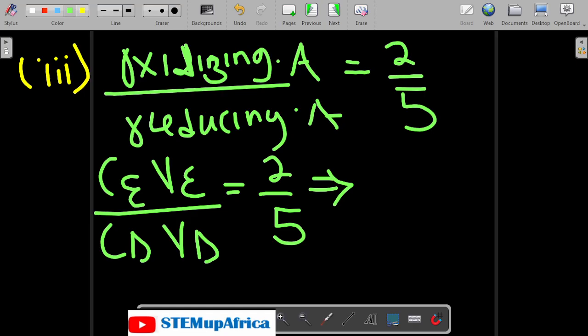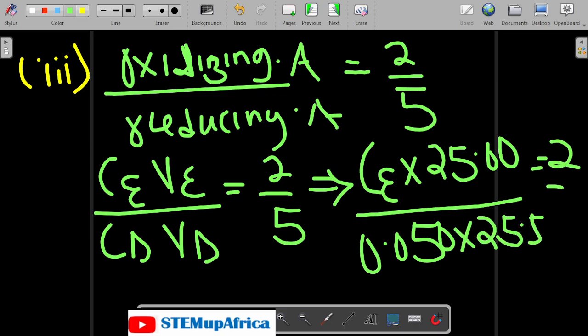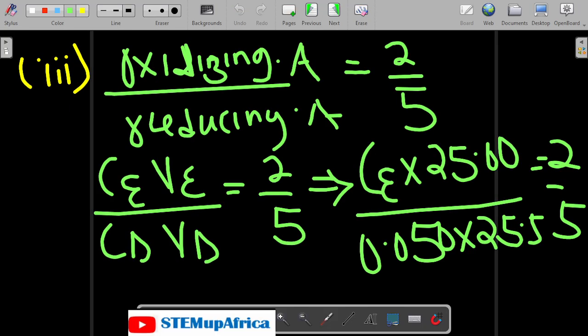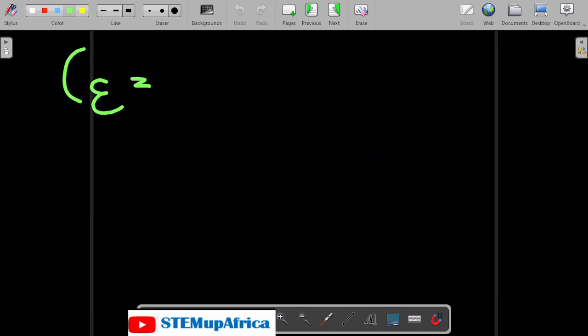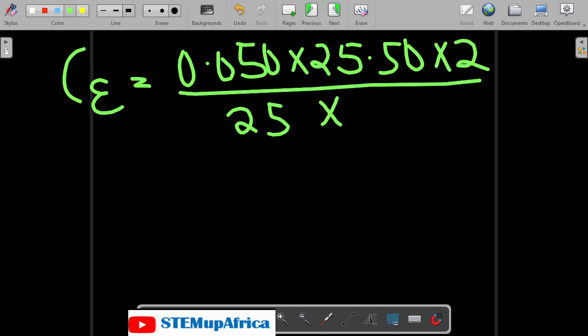What does this imply? I'm looking for Ce now. I'm having Ce times volume 25.00 over Cd 0.05, value already calculated, times 25.5, equals 2/5. If I cross multiply, I can get my Ce. So my Ce will be simply 0.050 times 25.50 times 2 divided by 25 times 5.